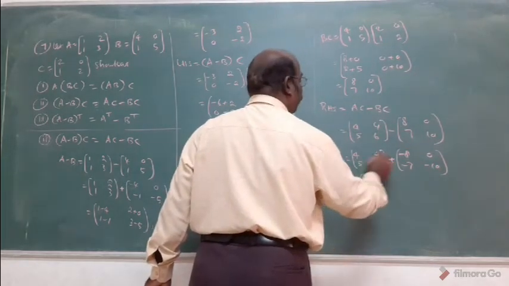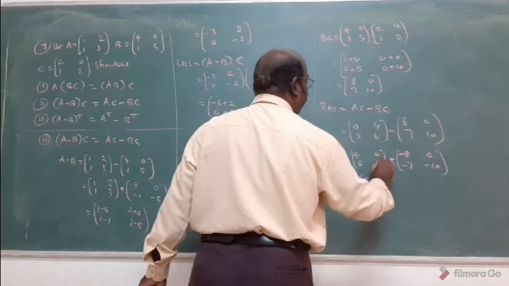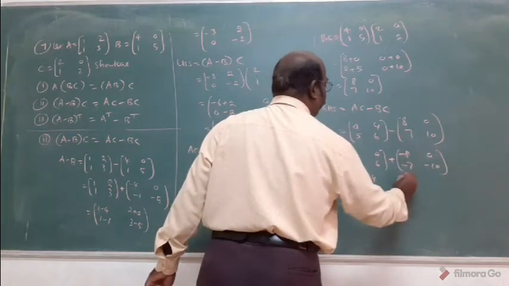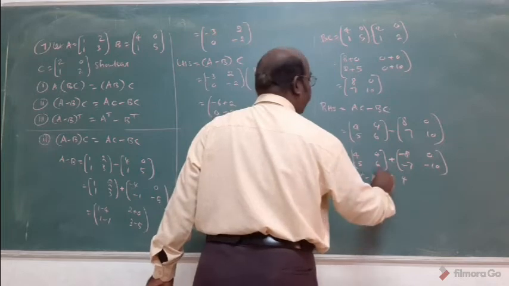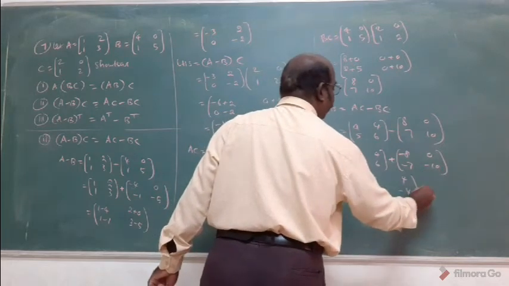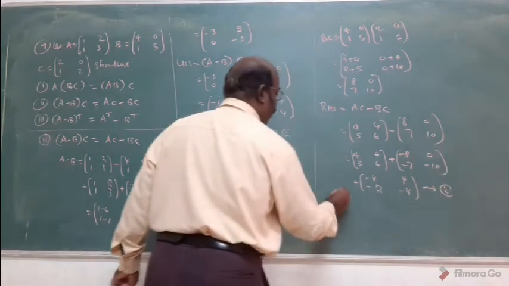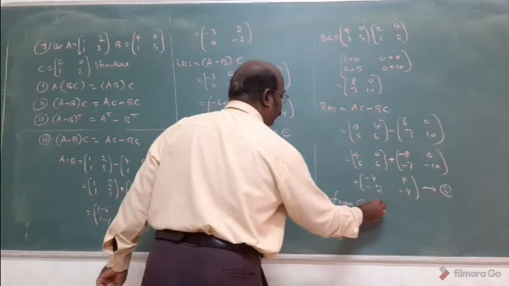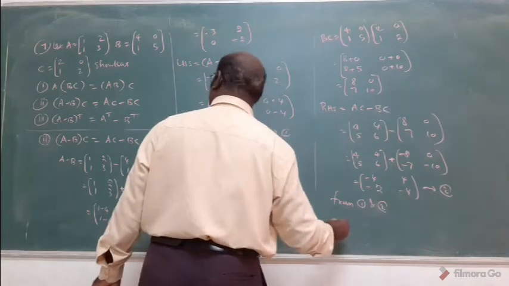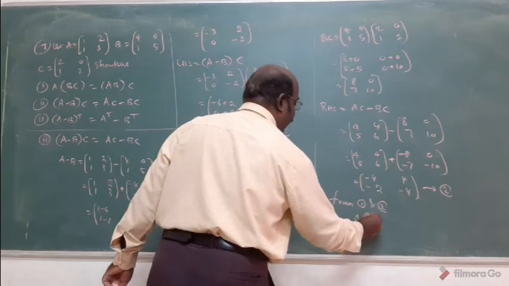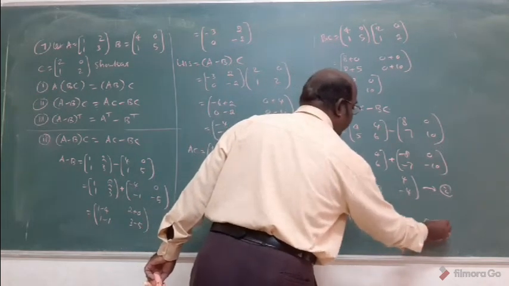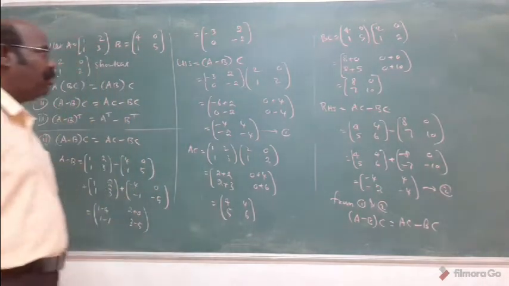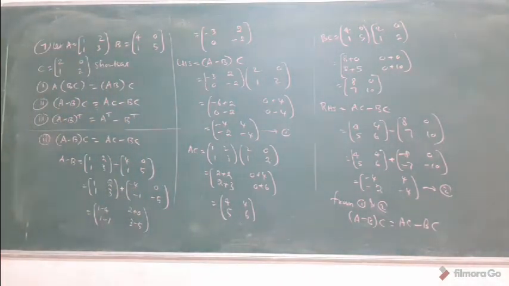The corresponding elements: 4 minus 8, minus 4. 4 minus 0, 4. 5 minus 7, minus 2. 6 minus 10, minus 4. The first and second answers will be equal. A minus B times C equals AC minus BC. Here also, both answers will be equal.